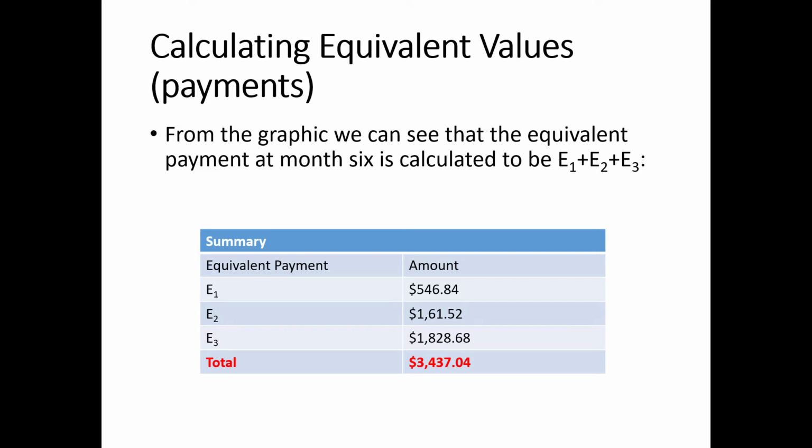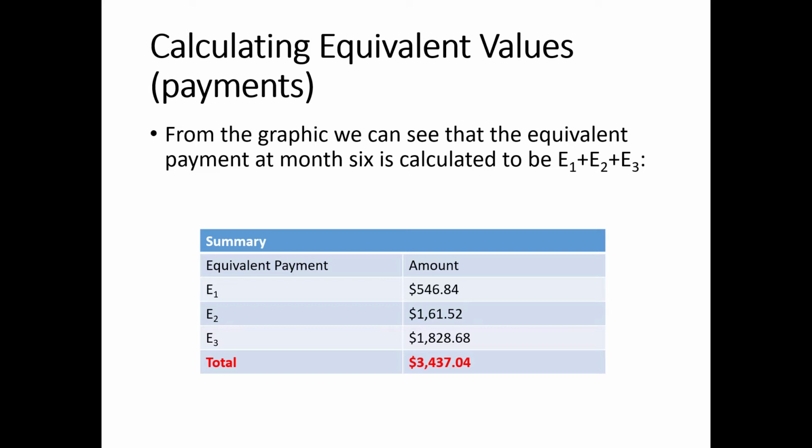That's always a great practice where you know the step by step, but you want to practice it so you can compare. If you don't get $3,437.04, you can compare your methodology with my methodology and see where the gap is. So that's a great source of practice there.